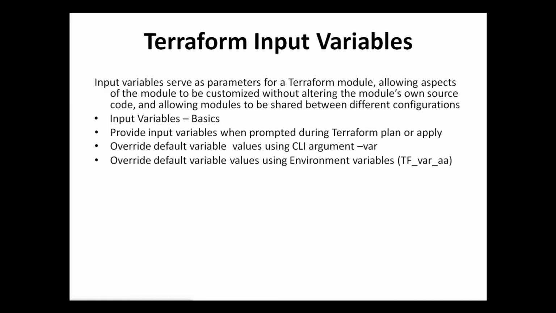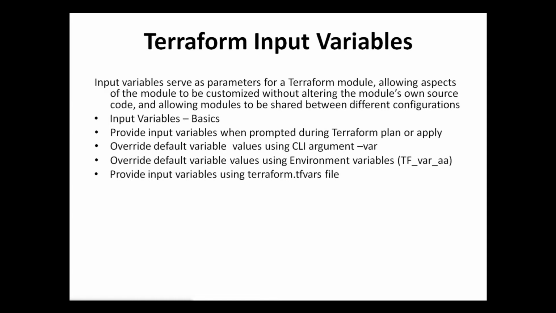Override default variable values using environment variables, TF_VAR_ followed by your variable name. By defining the environment variable TF_VAR_ your variable name, you will be able to pass the variable. Provide input variables using the terraform.tfvars file.